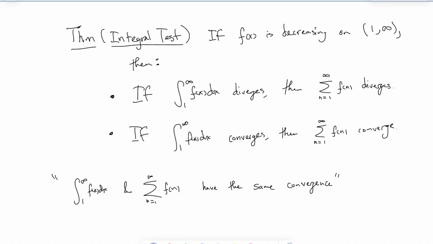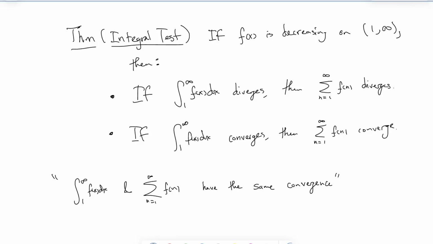Meaning either they are both convergent or they are both divergent. It doesn't mean they actually add up to the same answer, but it means that they either converge or diverge together. All right? This is called the integral test, and this is one way, if I give you a weird series, that you can tell if it converges or diverges sometimes.